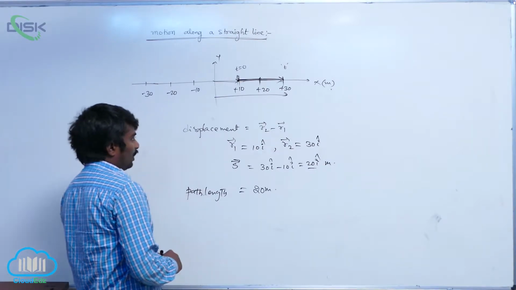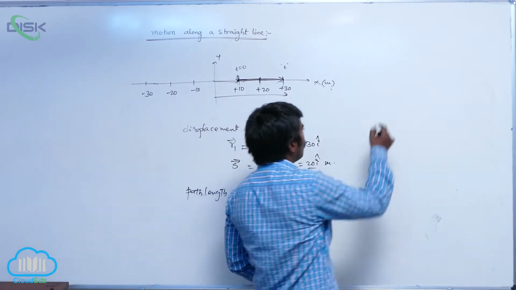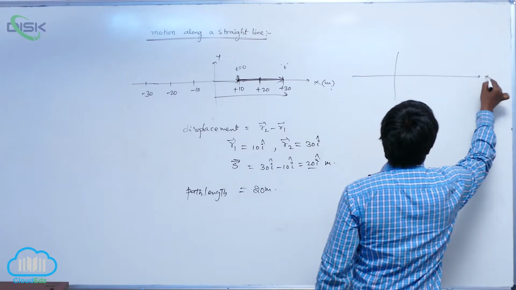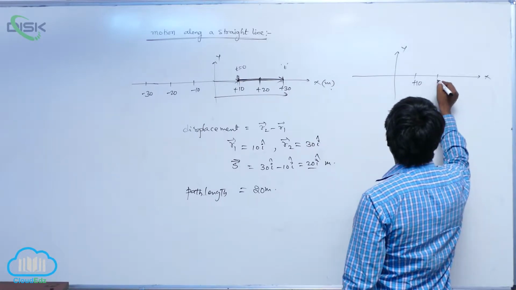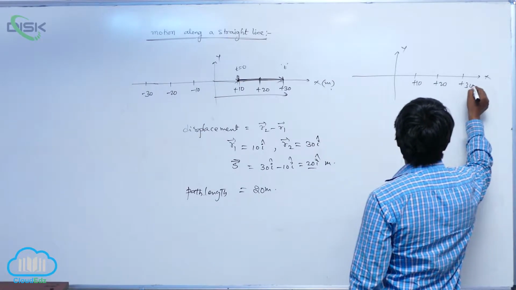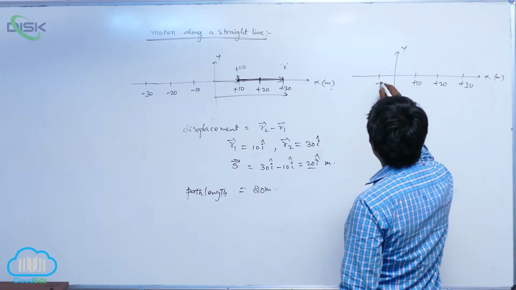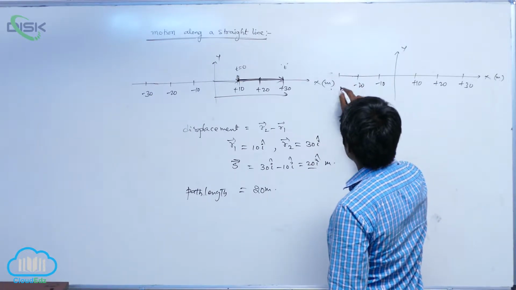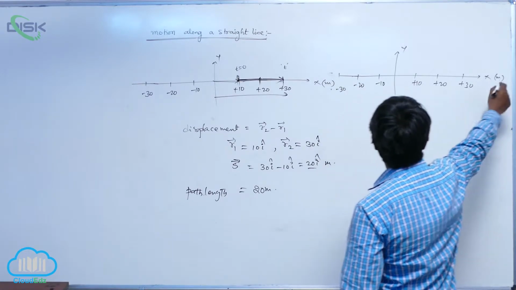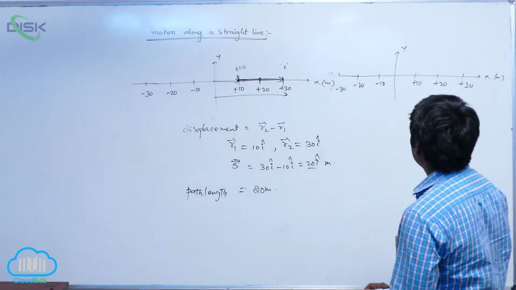And one more example let me take. This is x-axis, y-axis, plus 10, plus 20, plus 30 in meters, minus 10, minus 20, minus 30, also in meters.